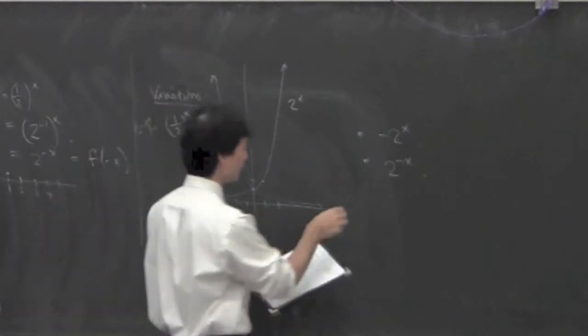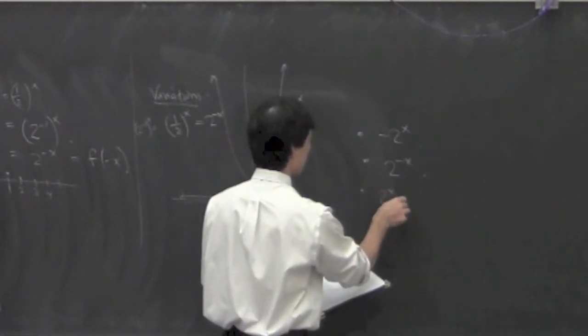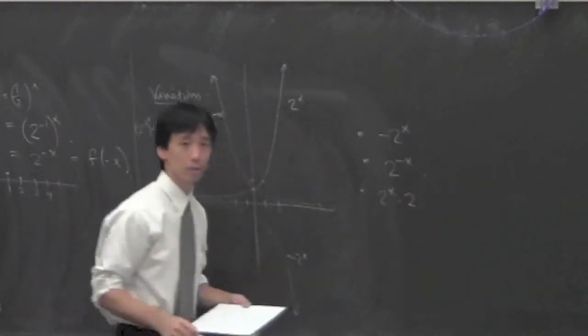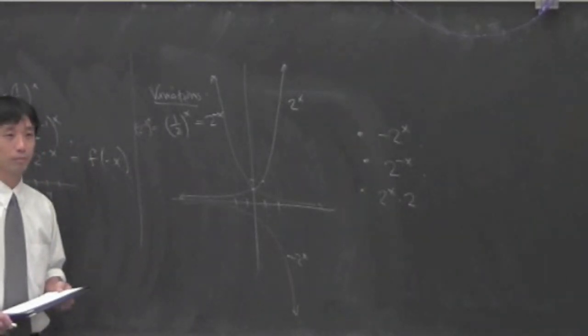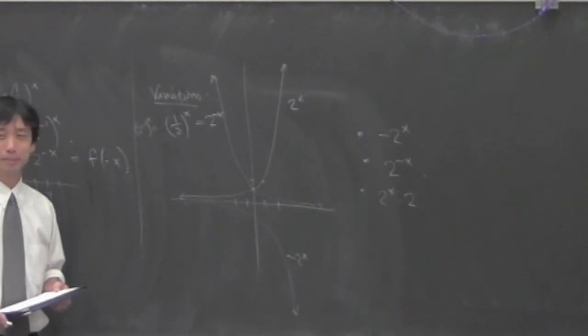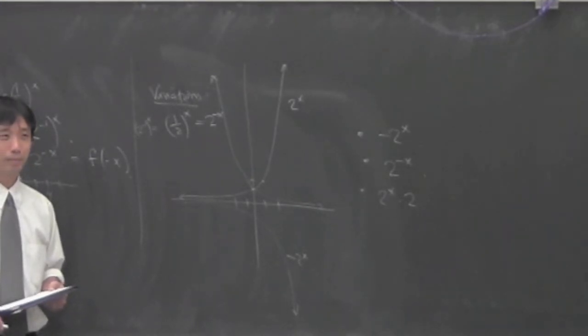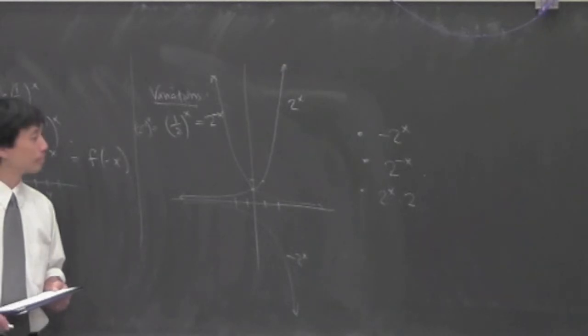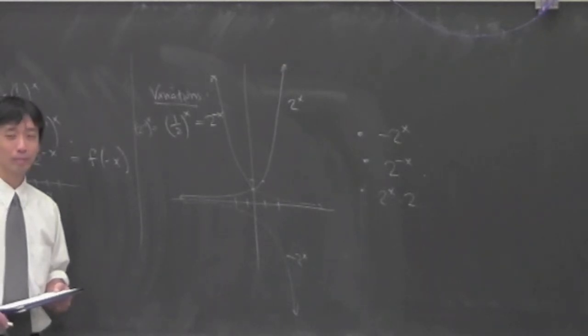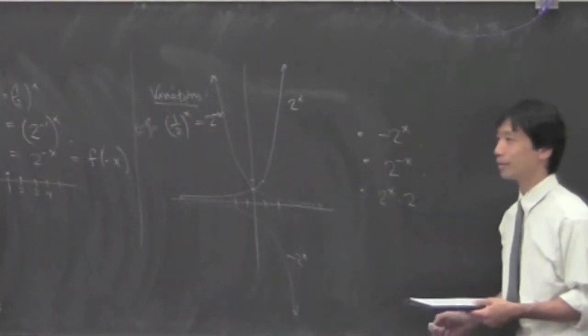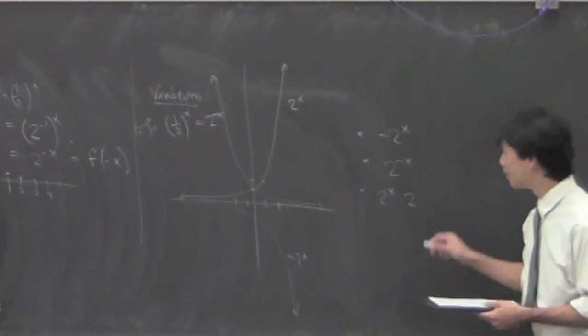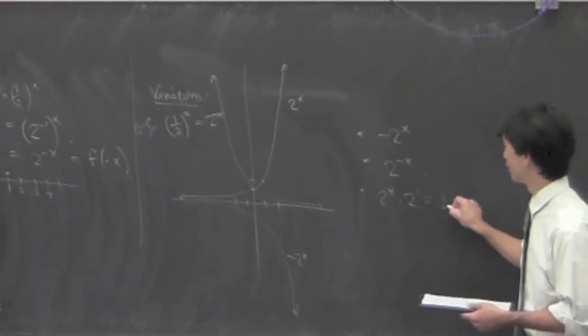Okay. How about this one? 2 to the x times 2. I would just take a wild guess, but do you use the rule of a to the power n times a to the power x, which is a to the power x plus 1?